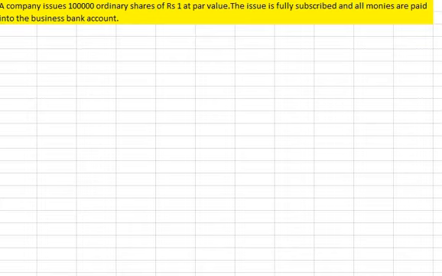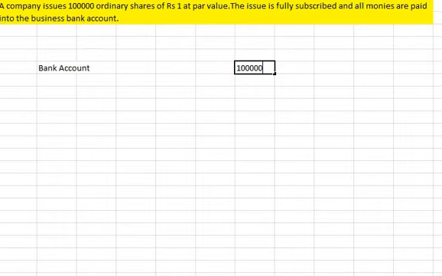So how can we record this transaction as a journal entry? As it is received in the bank account, we will be debiting bank. Bank account debtor, rupees 1 lakh. How did we receive this rupees 1 lakh? That is 1 lakh shares at rupees 1, so 1 lakh into 1, that is 1 lakh.